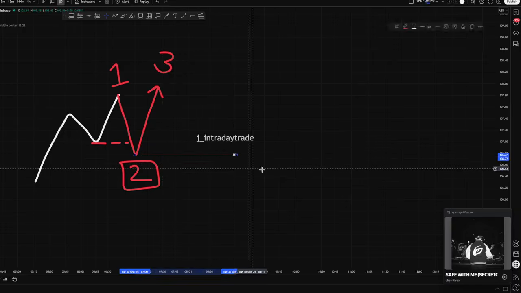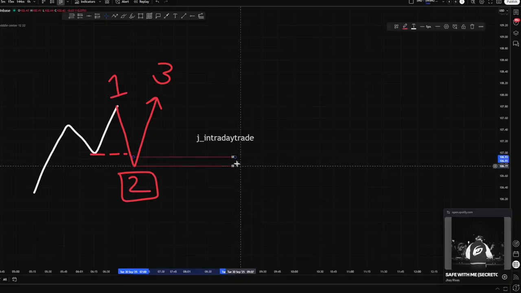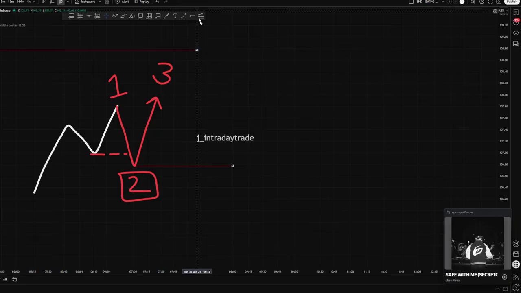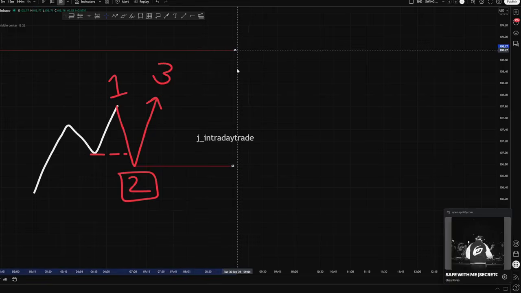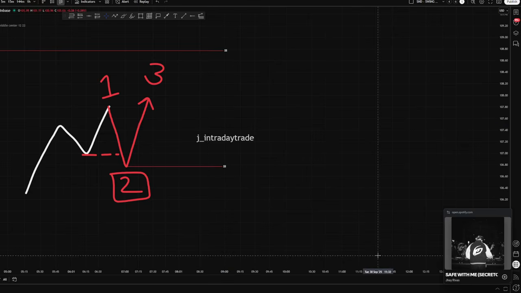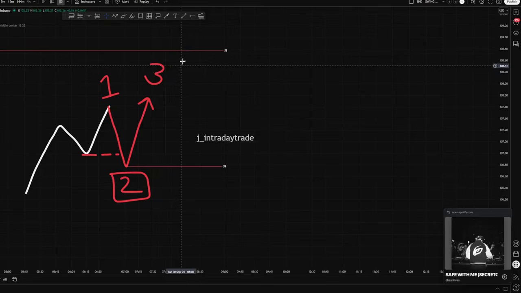But here's something that you will need to add to the sequences, right? What about now? What happens now? If number three's job is to sweep the shit show levels, how are you going to know if that three is looking to go up here or go down here?